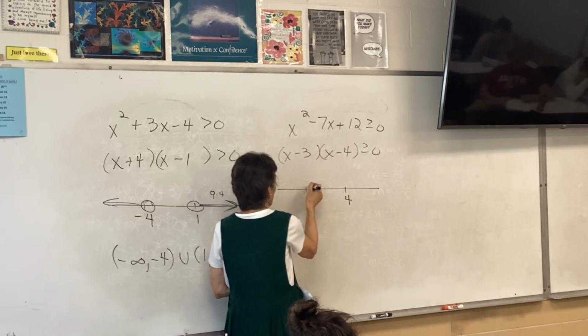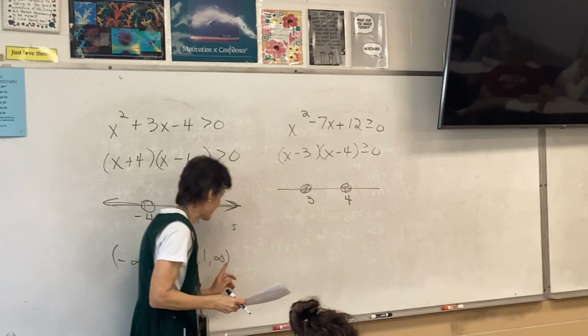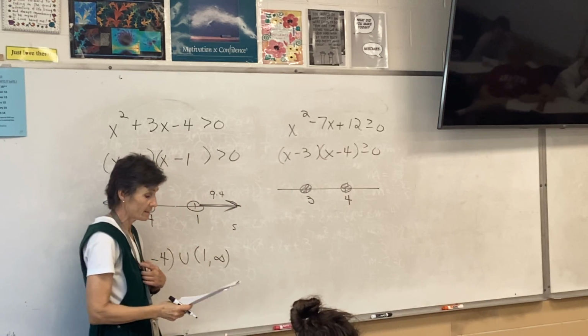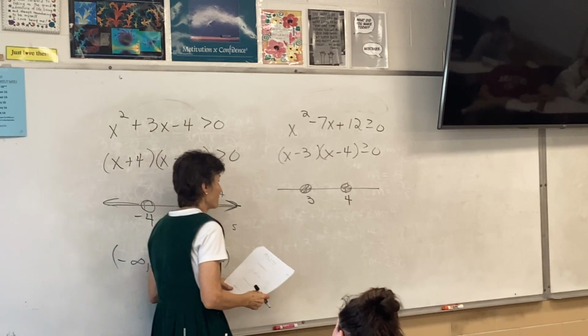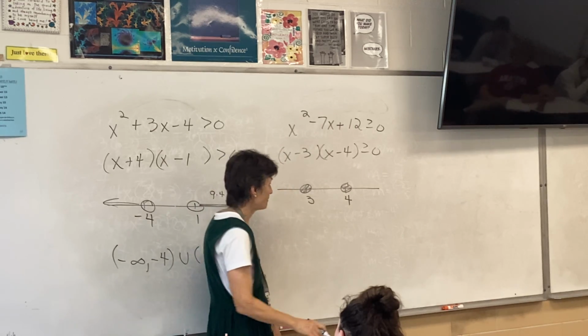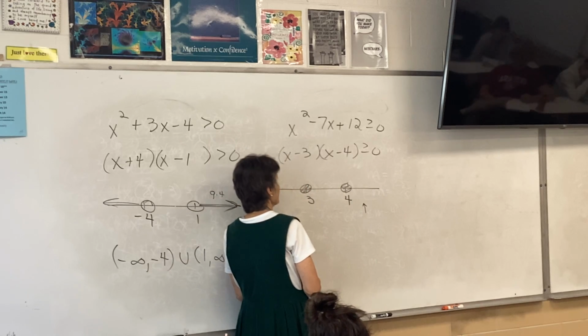Closed dots, which means when I come over here to write my answer, I won't be using the parentheses, I'll be using brackets. Okay, but I gotta figure out where I'm shading, so pick a number, any number except 3 and 4. 5. So again, we're out here, we're picking 5.